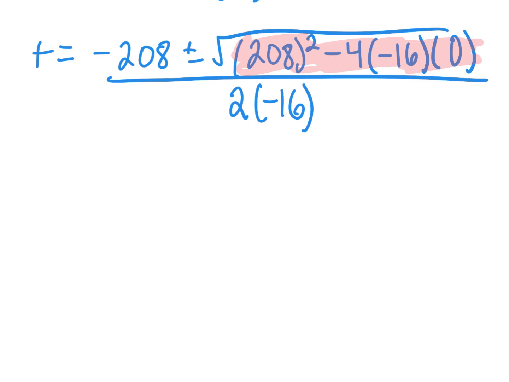So don't type the symbol yet, just type in what's underneath and tell me what you got. Let's just do 208 squared. Everything else is 0. What do we got?